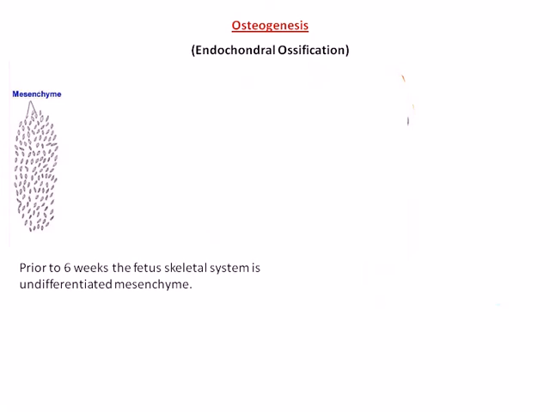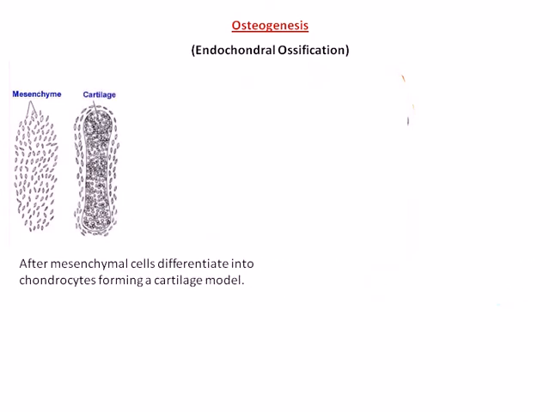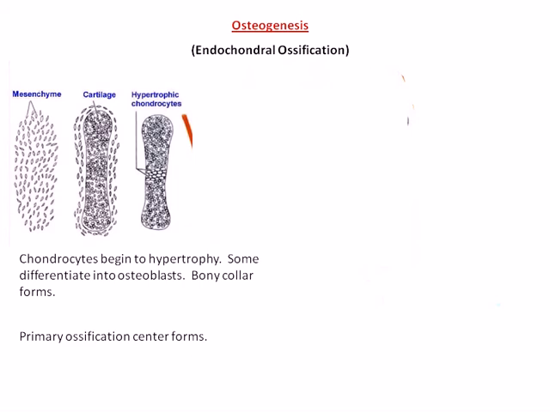After 6 weeks, the mesenchymal cells begin to differentiate into hyaline cartilage cells and form a hyaline cartilage model of the developing bone. A bone collar forms around the diaphysis of the hyaline cartilage model. As the bone collar forms externally, chondrocytes within the shaft hypertrophy and signal the surrounding cartilage matrix to calcify, forming the primary ossification center.